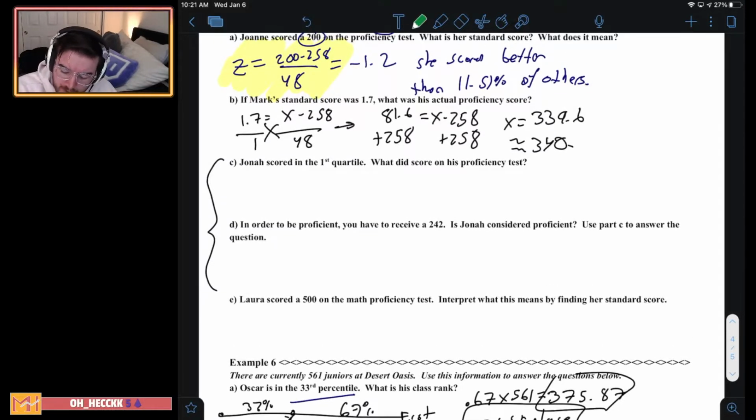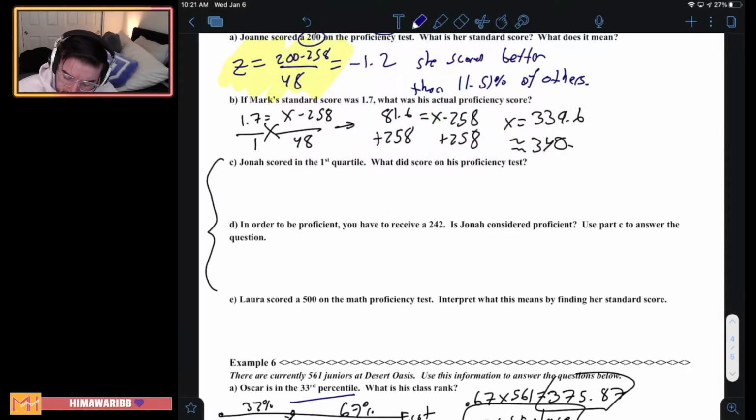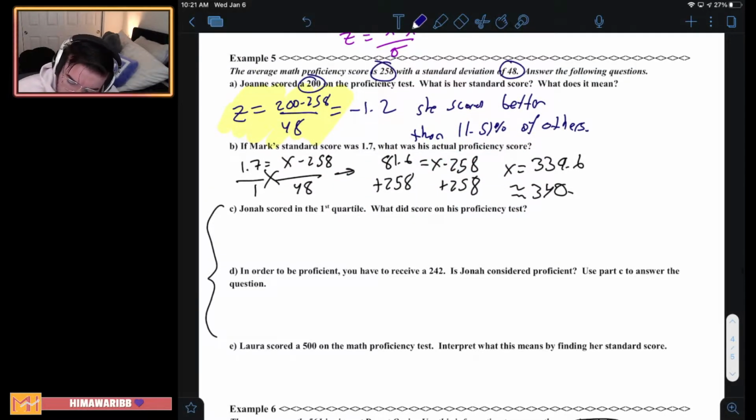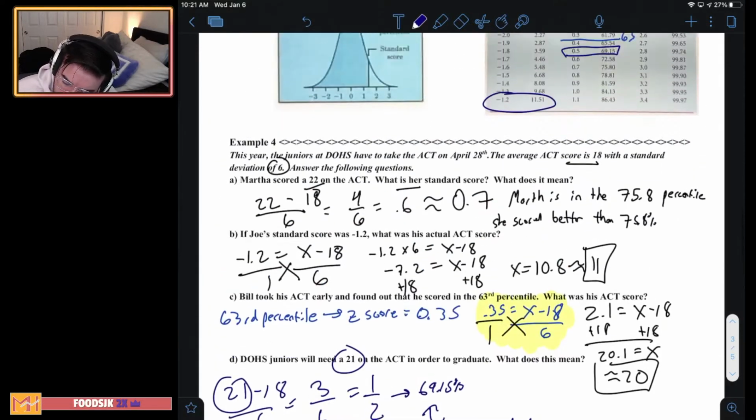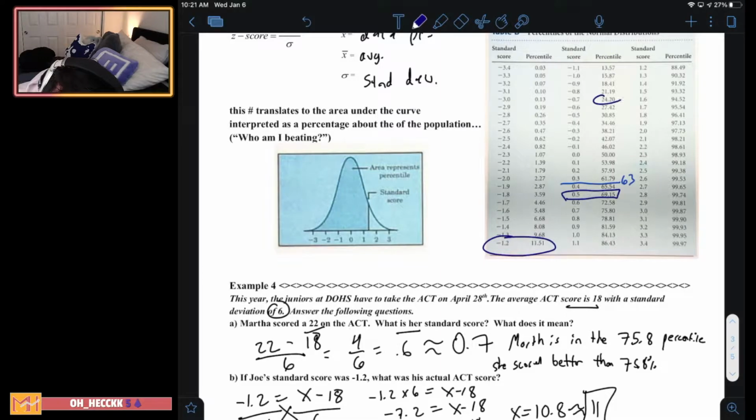Jonah scored in the first quartile. That means he's beating 25%. So he's in the 25th percentile. First quartile means 25th percentile, which means he's right, we'll call it here, at negative 0.7.